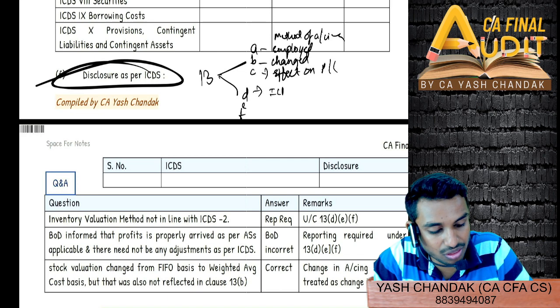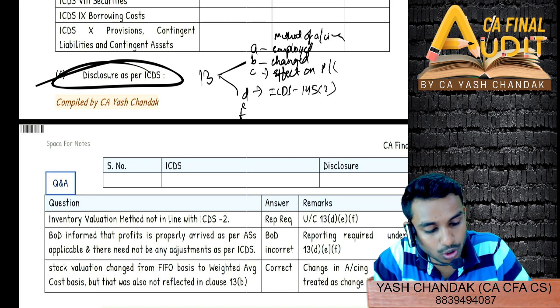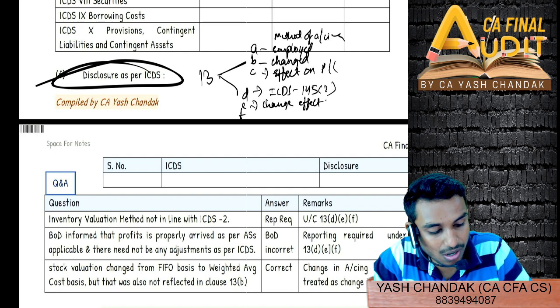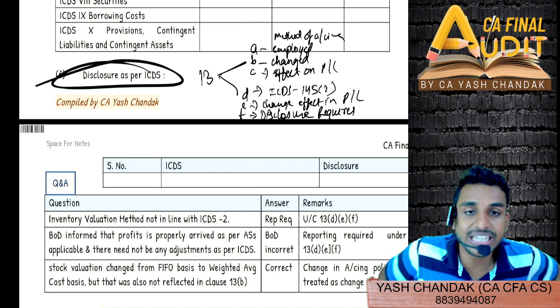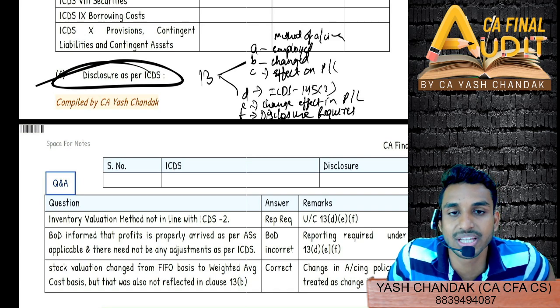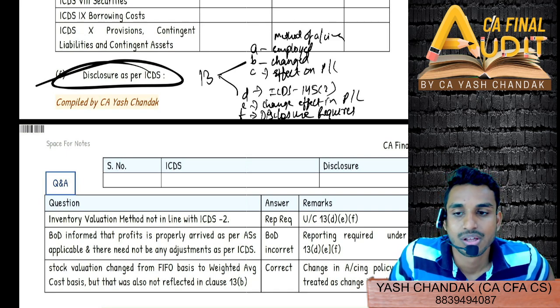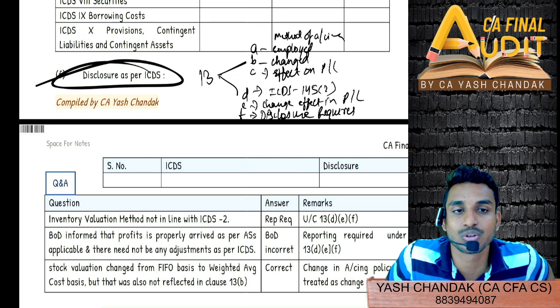Similarly, D, ICDS under section 145 subsection 2, change, effect on profit and loss, and disclosure. All Ind AS and all accounting standards also have their disclosure requirements, right? Similarly, all ICDS also have their disclosure requirements.